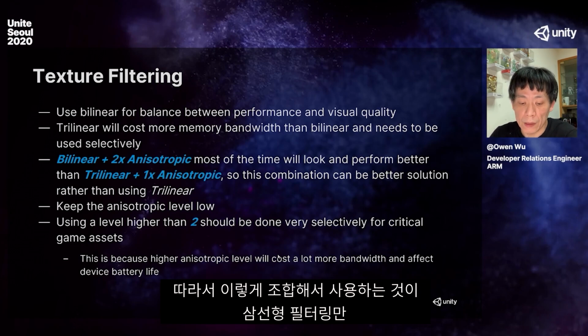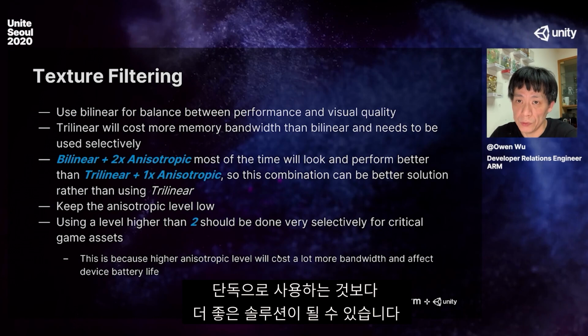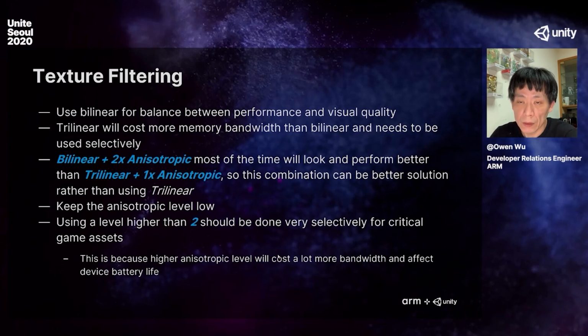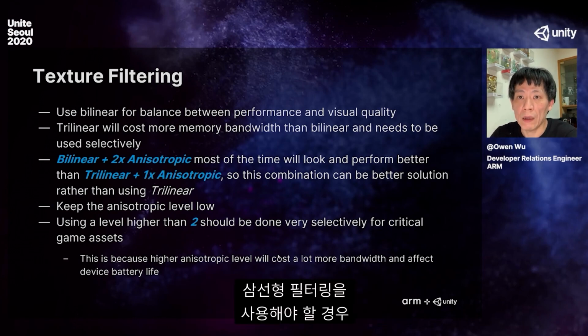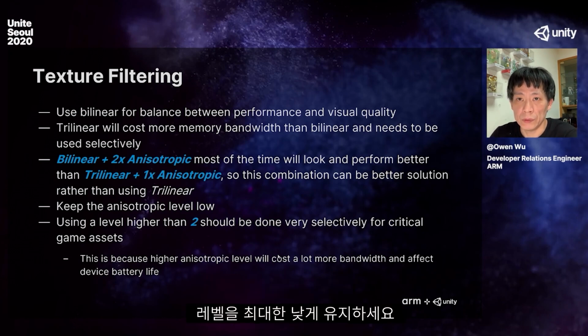So this combination can be a better solution than just using trilinear filtering. And if you have to use trilinear filtering, please remember to keep the level as low as possible.